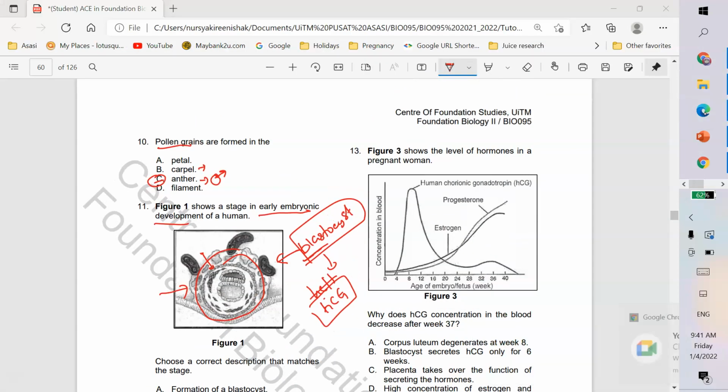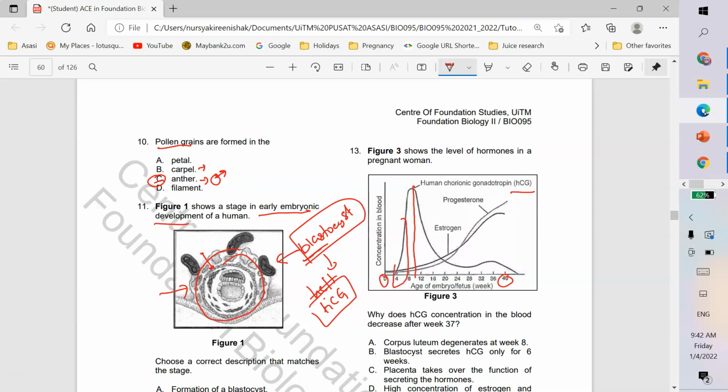Okay, kita tengok soalan 13. Figure 3 shows the level of hormones in a pregnant woman. So why does HCG concentration in the blood decrease after week 37? Okay, so basically this graph shows you the hormone produced during pregnancy. Throughout the pregnancy from week 0 until week 40, you will observe that at the early pregnancy about 2.5 months, there will be production of HCG.